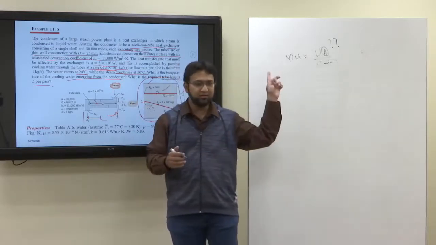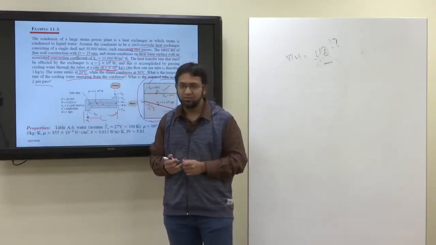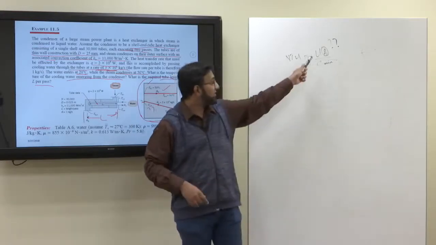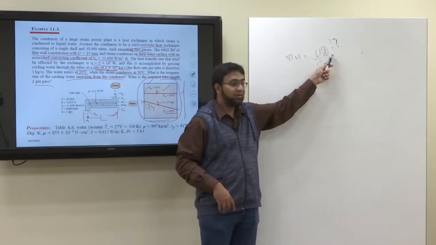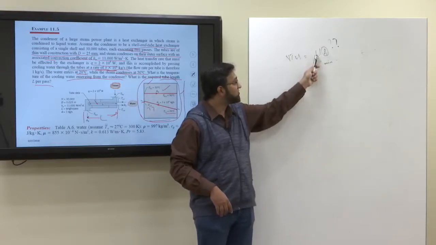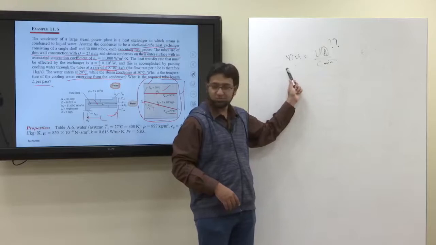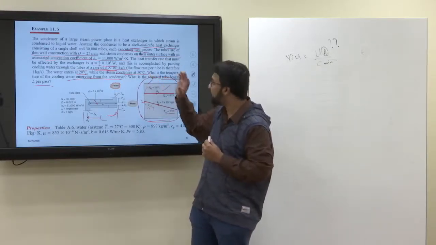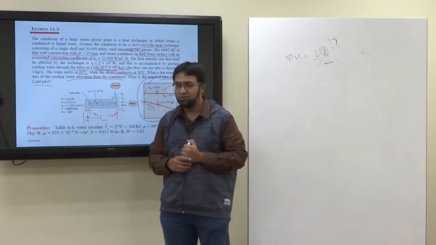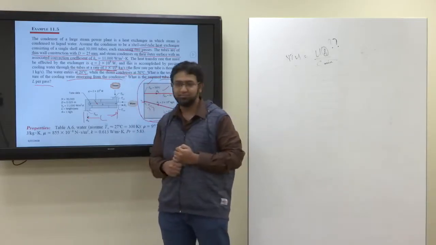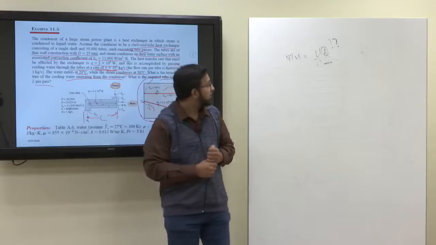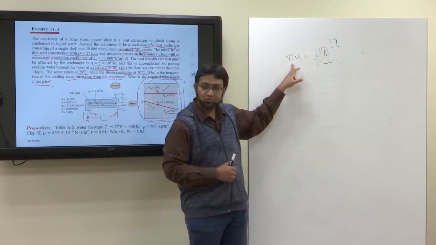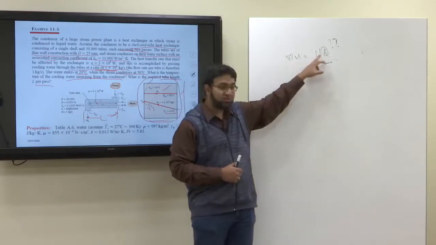Length will come in the formula of heat transfer area. So we need to find area. But if we want to find area, first we should know what is U, what is C minimum, what is NTU. U is given. No, U is also not given. We will calculate U. Only h outer side is given. And if we know U, C minimum and NTU, then we can find the area.